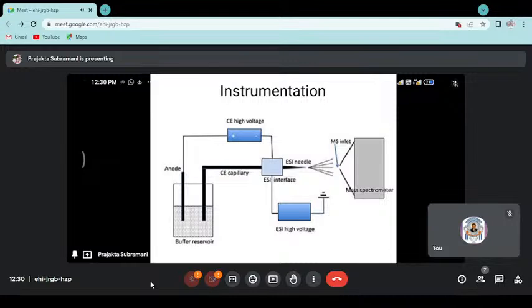That is, an ESI interface is used. ESI means electrospray ionization technique. They couple the capillary electrophoresis with the mass spectrometry. So this is the block diagram of the instrumentation of CE-MS.